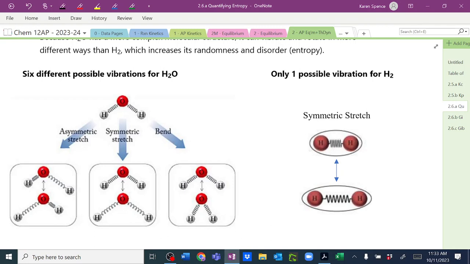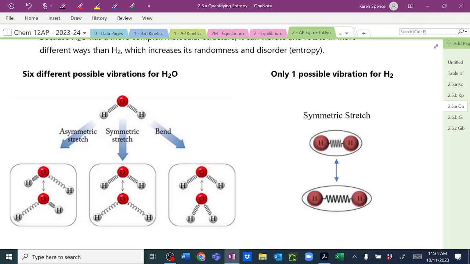Now, I would like you to try just H2, there's no O, just H2. What can you do? Can you do anything else? Can you do asymmetric stretching? No. Can you do bending? No. That's rotating. Okay?